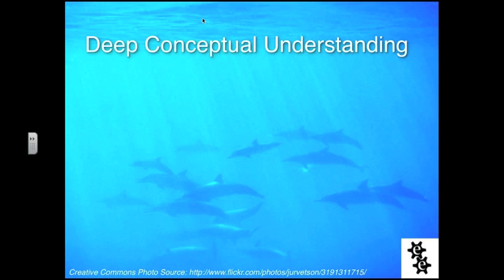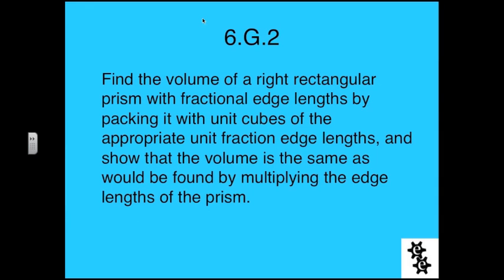What the authors mean here is that you're looking for students to truly understand the math that they're doing, that it becomes more than just steps to follow or more than just memorizing a mnemonic or a trick, but that rather students have a deep understanding of what they're expected to do and how and why the math works. Here's a 6th grade example that really illustrates how much depth and how much understanding is expected.